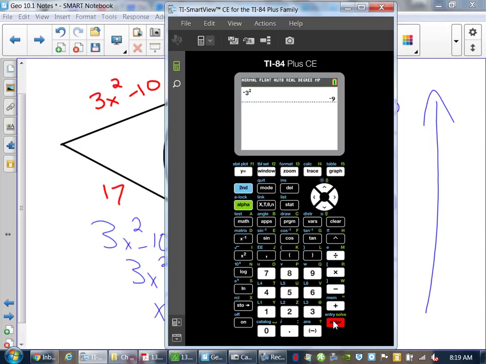It doesn't assume that it's the number negative 3 until you put that in parentheses. So if you're unsure of how to do something and you have negatives, always group negatives with parentheses. That way you won't goof up. Okay? That's how we do that one.